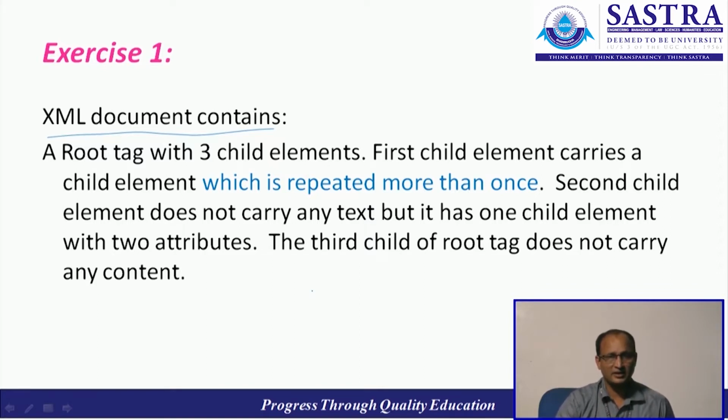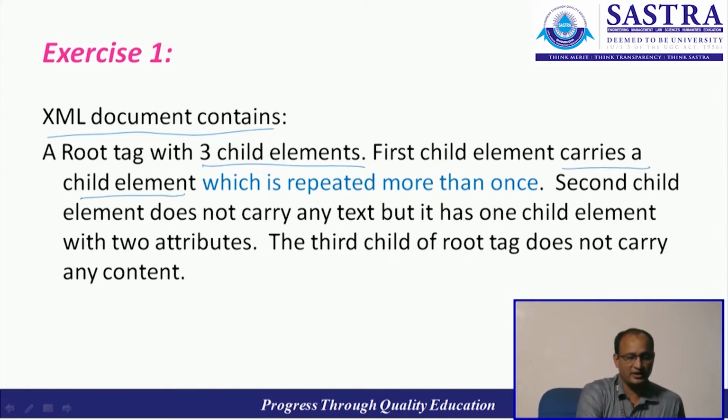In this, a root tag with 3 child elements. The first child element carries a child element which is repeated more than once, so the number of occurrences for that child is more than once.